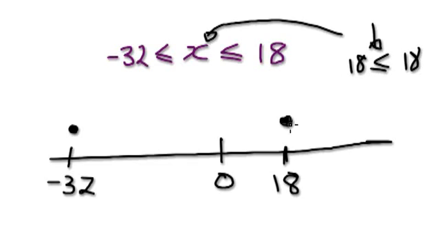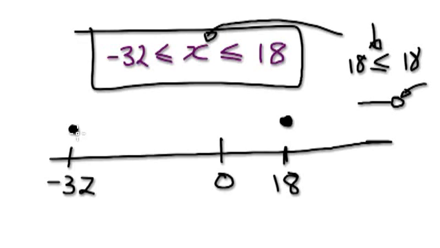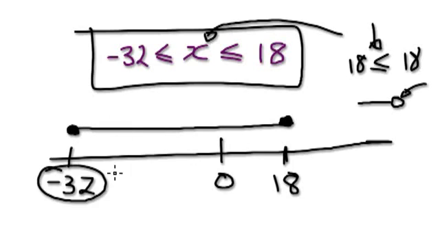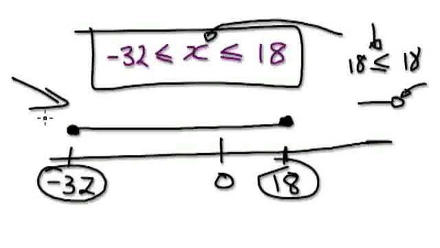So you would use a black circle here to represent including. If 18 is not allowed to be in there, then you have to use a white circle. Basically, when you see this whole statement, it's all the values in between minus 32 and 18. Okay, so your number line would look something like this.